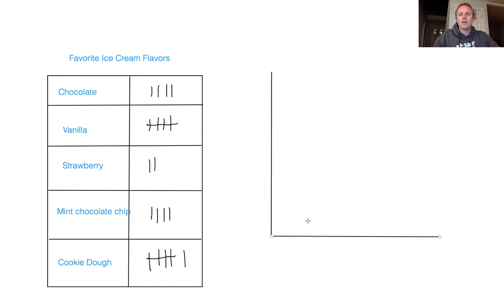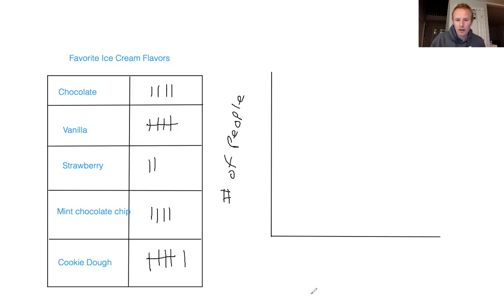And on one side, this is tricky, I have to write it sideways, it is the number of people in this case, because again, we're measuring number of people that like each of those things. So this is usually the number of whatever it is you're measuring.